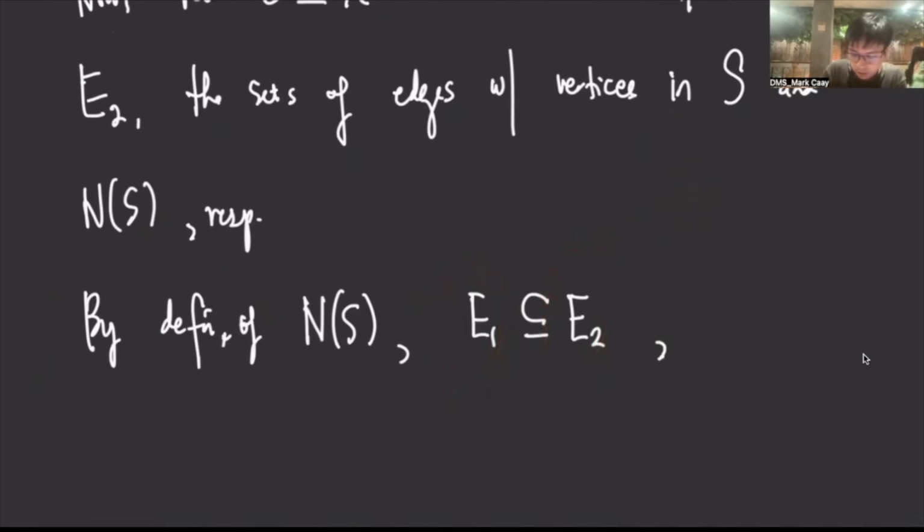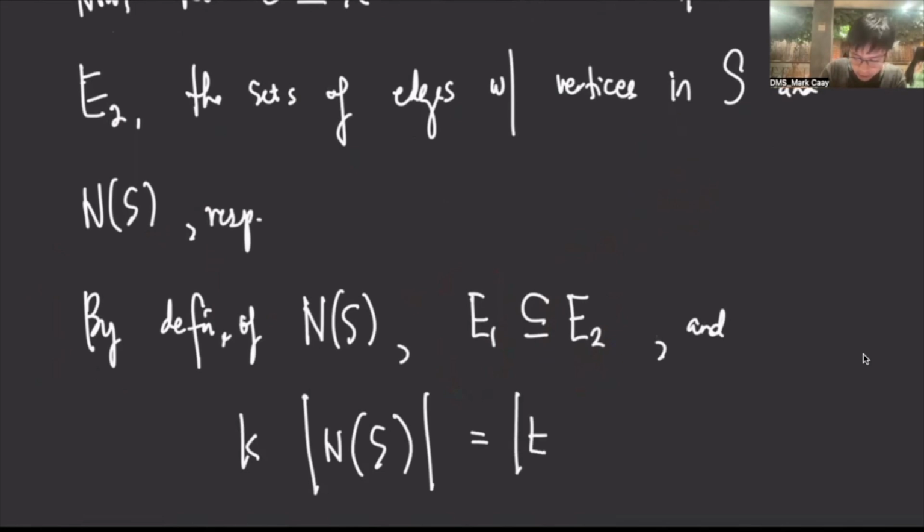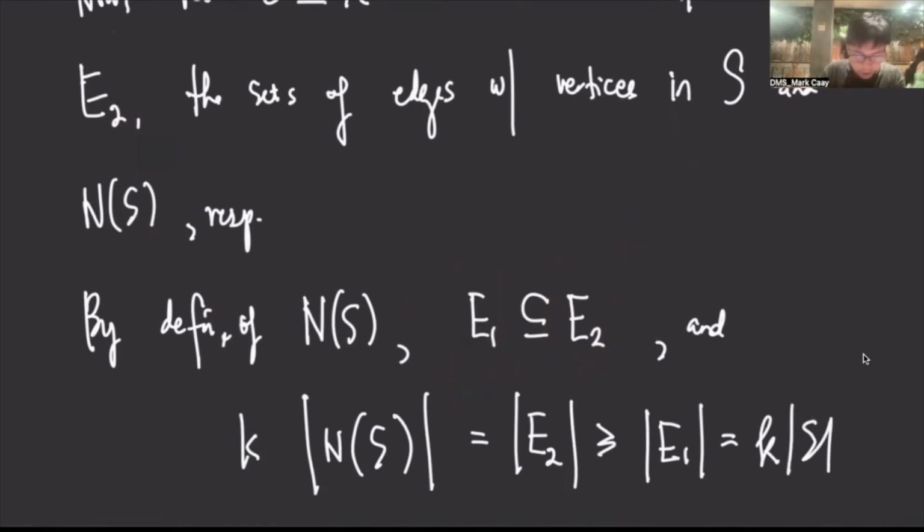And k times the cardinality of N of S, this is E2, is again greater than or equal to the cardinality of E1, which is equal to k times the cardinality of S. So, what is the implication?